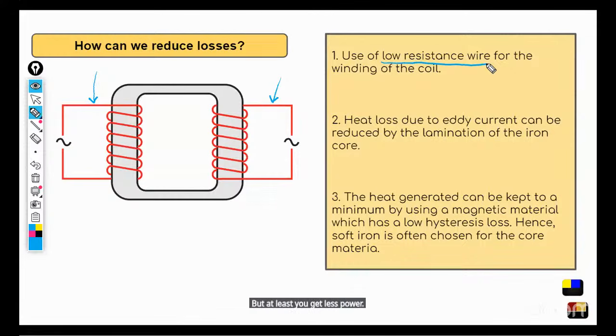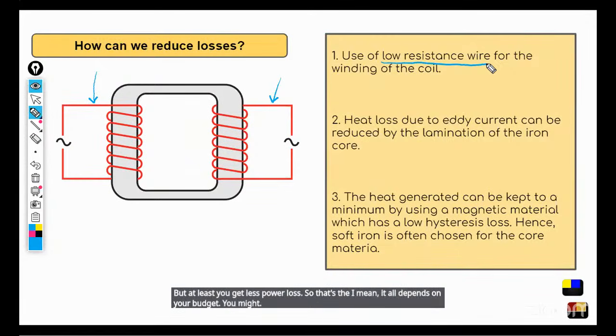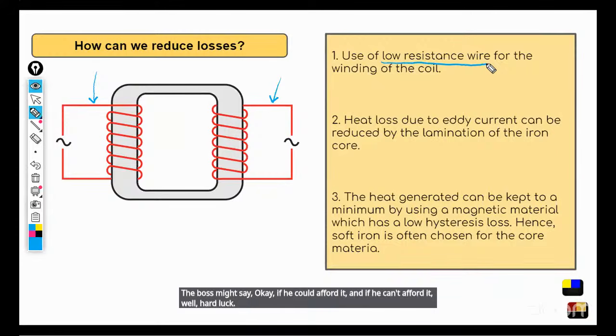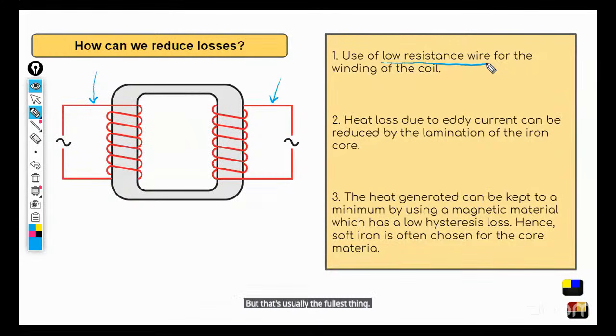It all depends on your budget. You might suggest to your boss that, hey, let's buy more expensive wire that has lower resistance. The boss might say, okay, if he can afford it. And if he can't afford it, well, hard luck. You just have to do with the cheaper wire. But that's usually the first thing they do. They use the best wire they could possibly use.